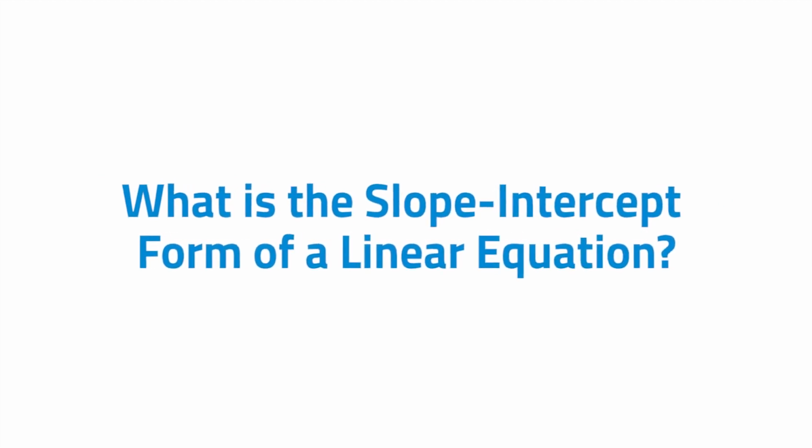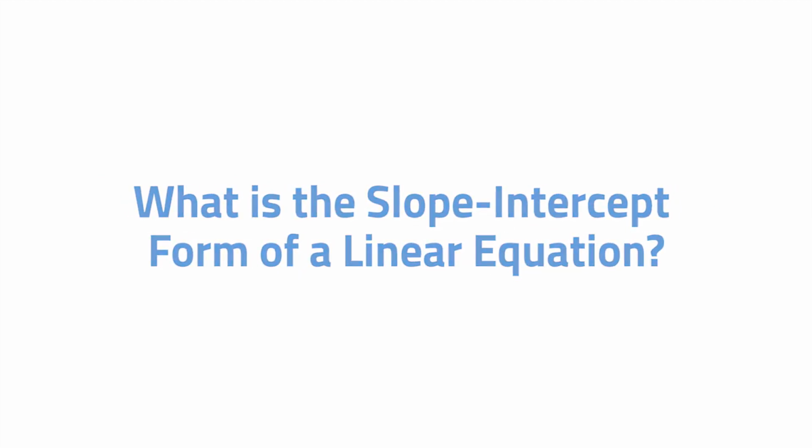That was fantastic, students! Now let's go back to our 2 questions earlier. The slope-intercept form tells us that the equation of a line with y-intercept 0, b and with slope m can be written as y equals mx plus b.